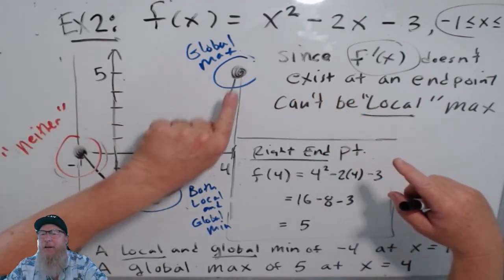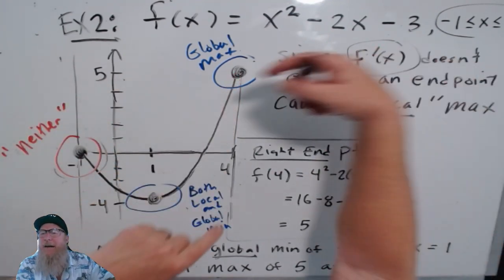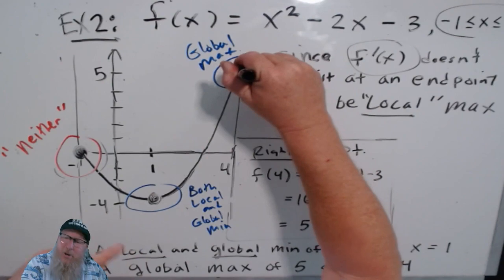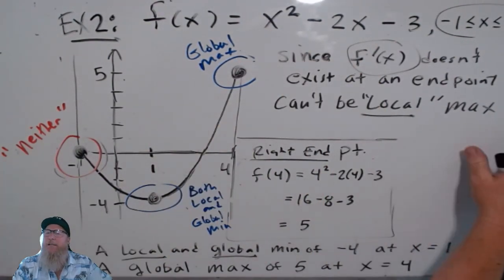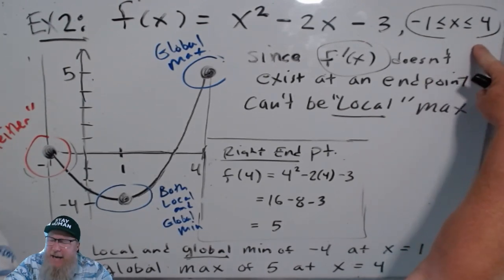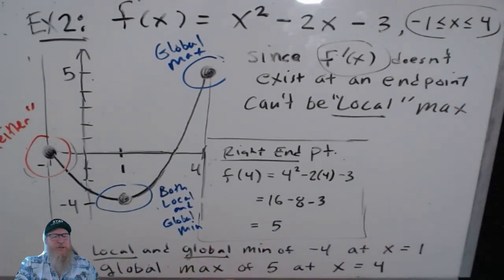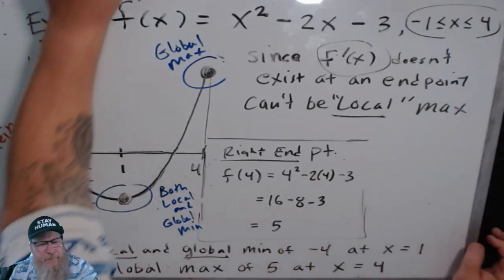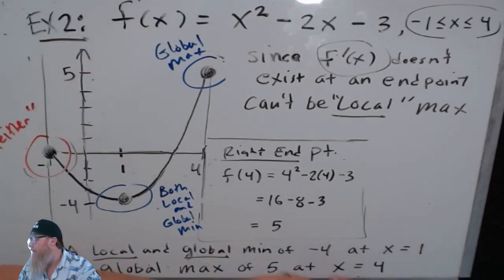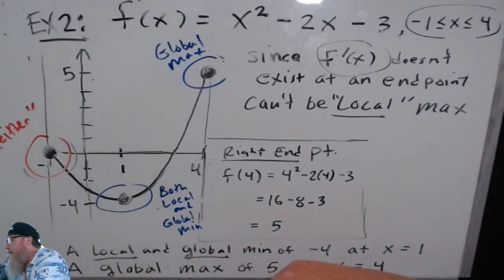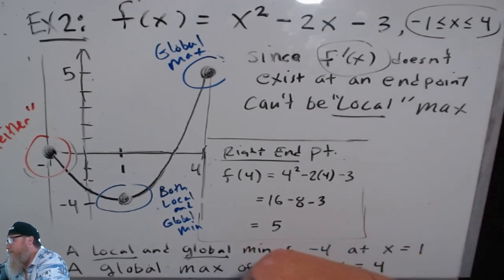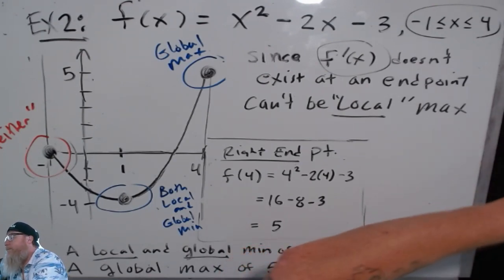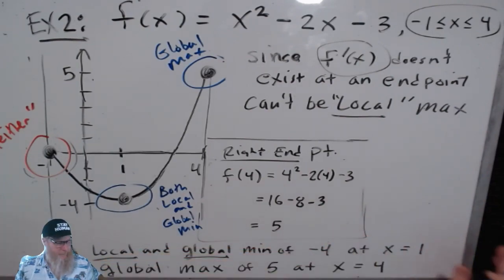Well, this does have a left-hand limit, but it doesn't have a right-hand limit because there's no graph on the right-hand side of that point because it's been restricted. So that's how different the answer can be by restricting the function. Okay. Let's try another example.